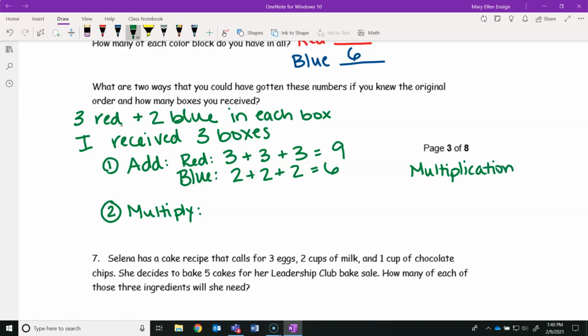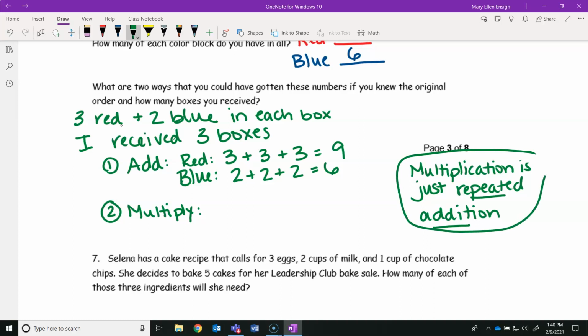Multiplication is just repeated addition. If I'm adding the same thing over and over again, a shortcut is multiplying.